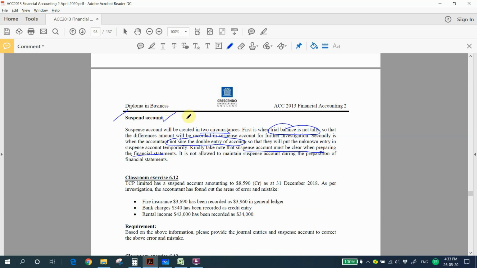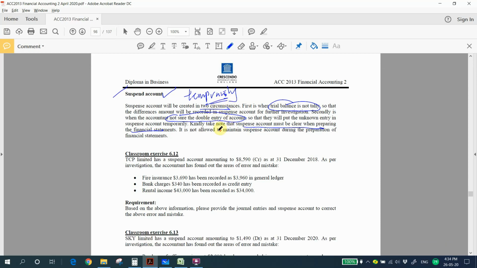But take note, it's only temporary. You must clear your suspense account when you prepare the financial statement.